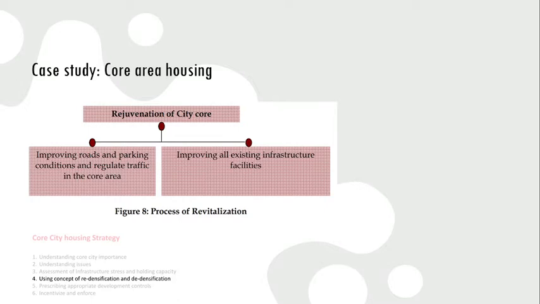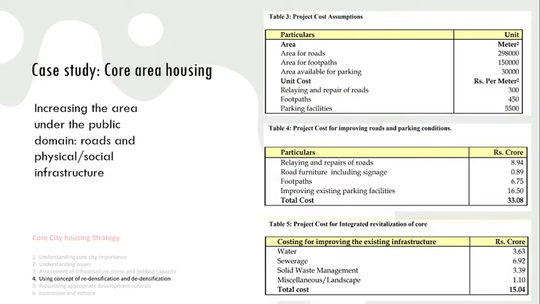To do that, there is a need for increasing the width of the roads, and similarly improving all existing infrastructure facilities. For water supply and social infrastructure services, everything requires huge amounts of land. So this process of revitalization requires the concepts of redensification and dedensification, which I discussed earlier.